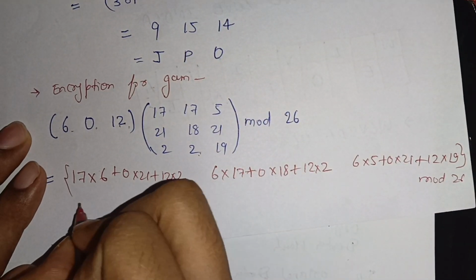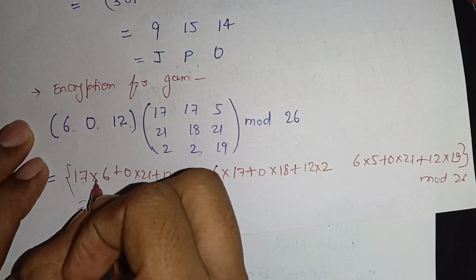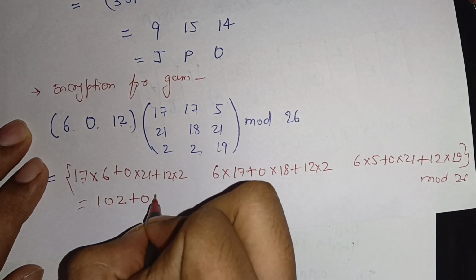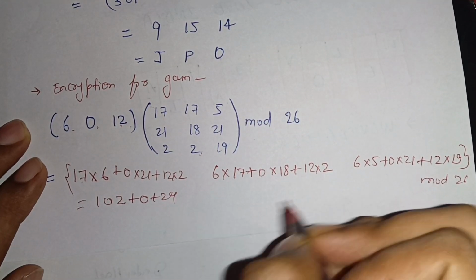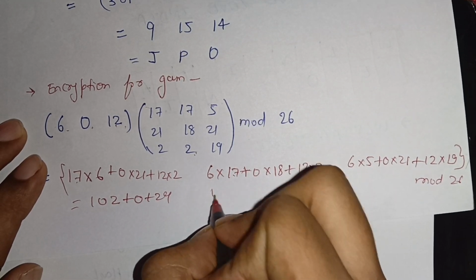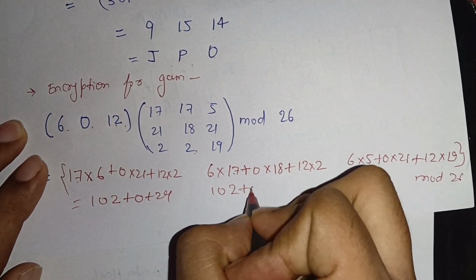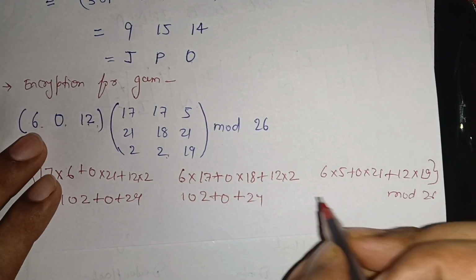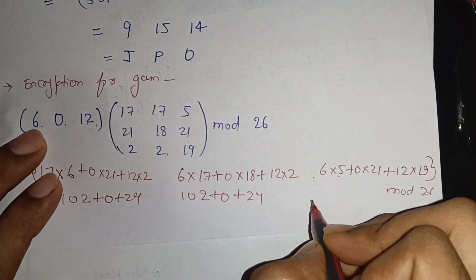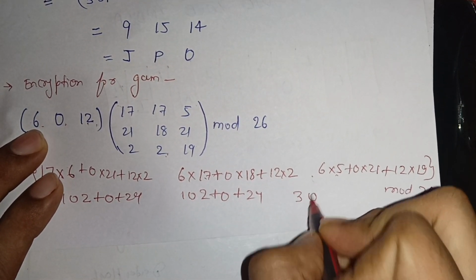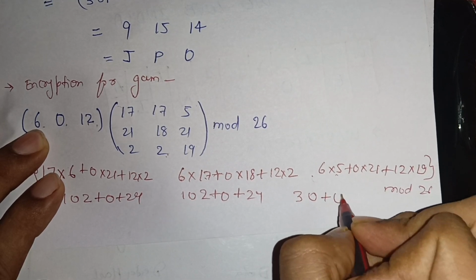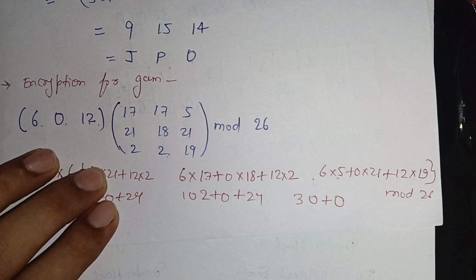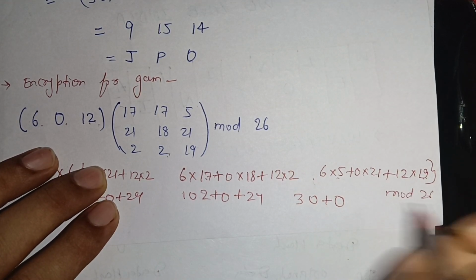So what are the values we are getting? 17 into 6, it will be 102, then it will be 0, then it will be 24. Again it will be 102, it will be 0, and then it will be 24. So again 6 5s are 30 plus 0, and then 12 into 19, it will be 228.